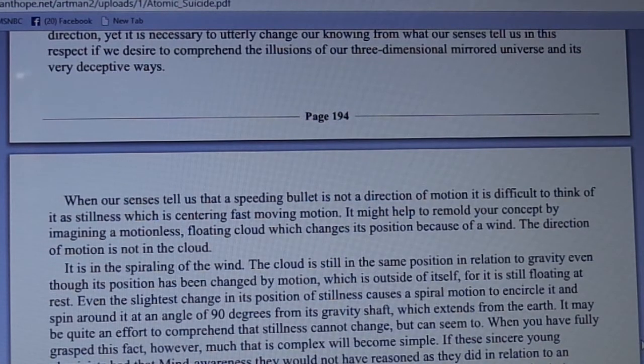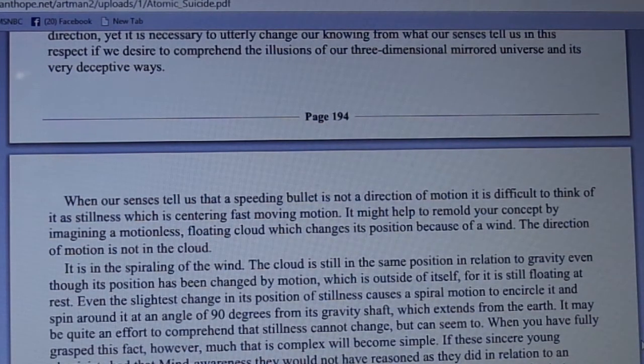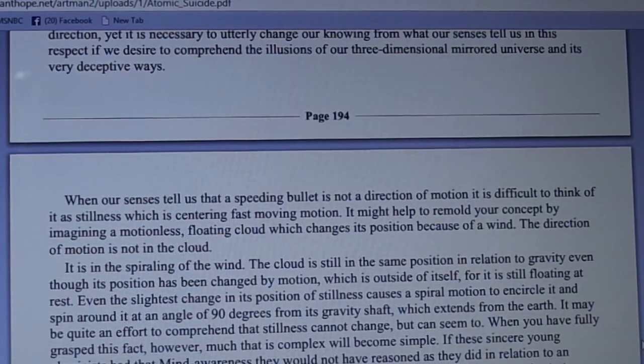Even the slightest change in its position of stillness causes a spiral motion to encircle it and spin around it at an angle of 90 degrees from its gravity shaft, which extends from the earth. It may be quite an effort to comprehend that stillness cannot change, but can seem to. When you fully grasp this fact, however, much that is complex will become simple.